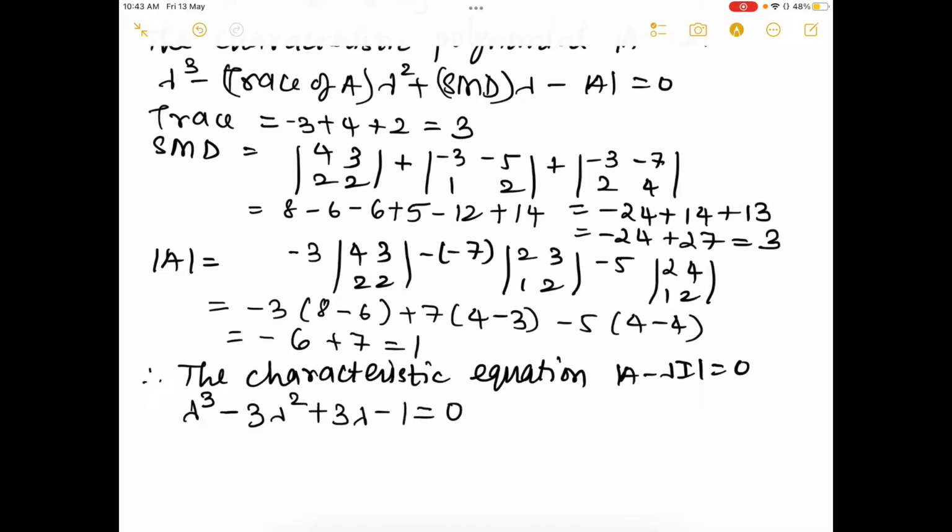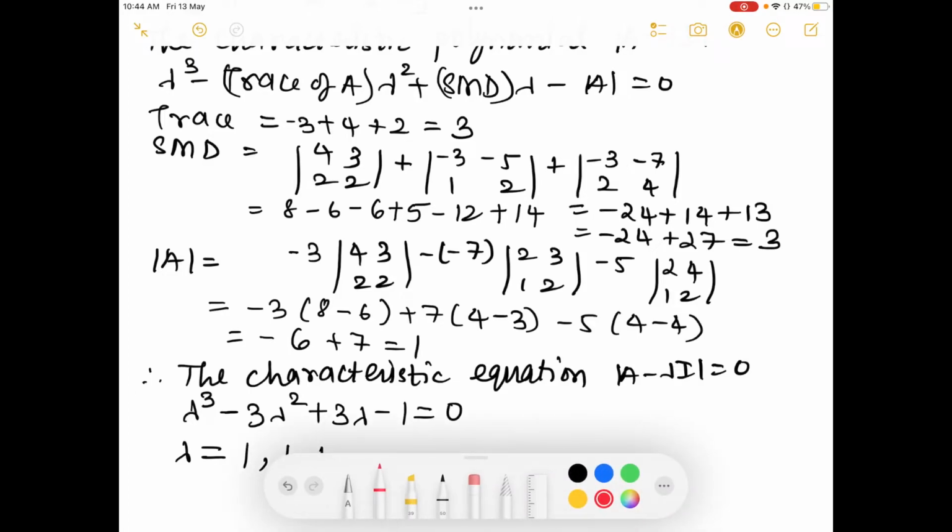Now if we put this in the calculator to find the value, the answer is just a single number 1. So this will get repeated thrice. So now we found out that this is our eigenvalue.